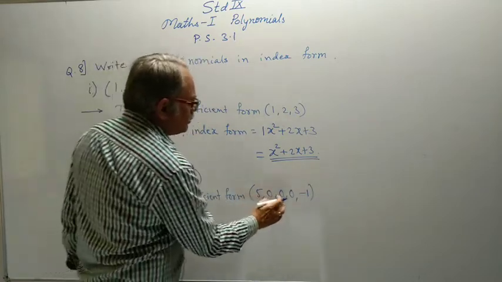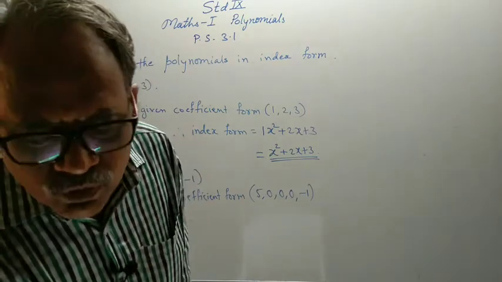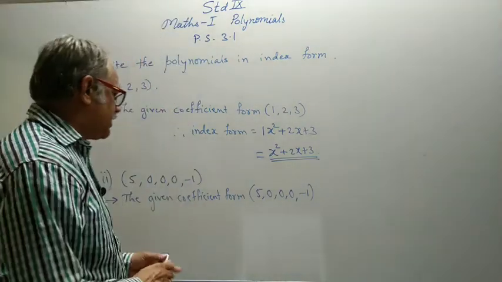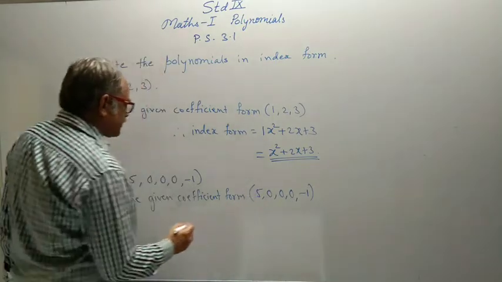Now see, 1, 2, 3, 4, 5 terms. 5 terms means index 4, degree 4. So we have to start with 5x raised to 4.